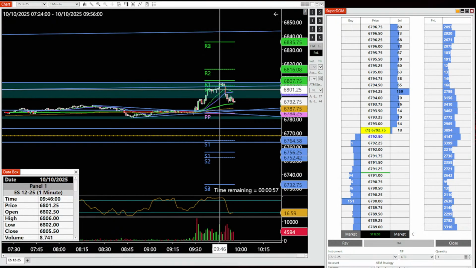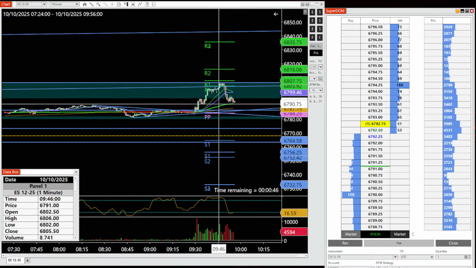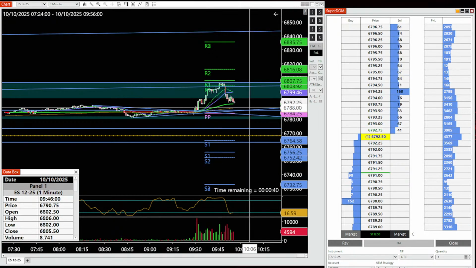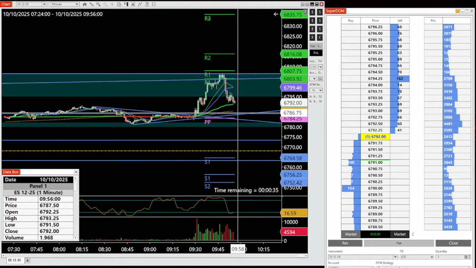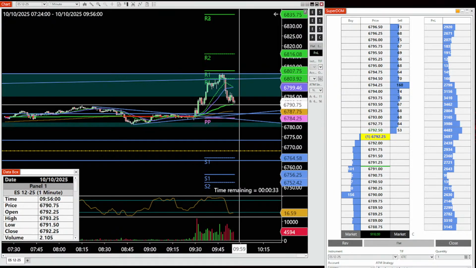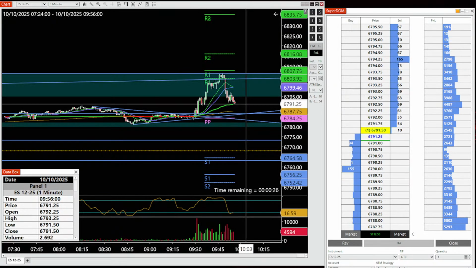At 90.75 and 06. It's about 16 points. Break 90, we're looking at 80. 74. Breaking 90 in VWAP, we could be looking at 74.